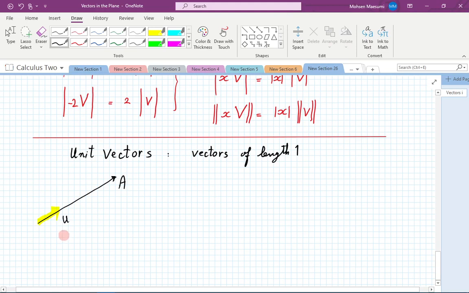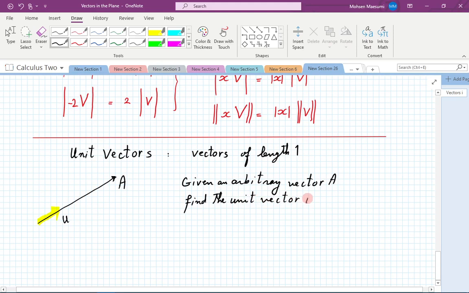So given an arbitrary vector A, find the unit vector u in the direction of A.